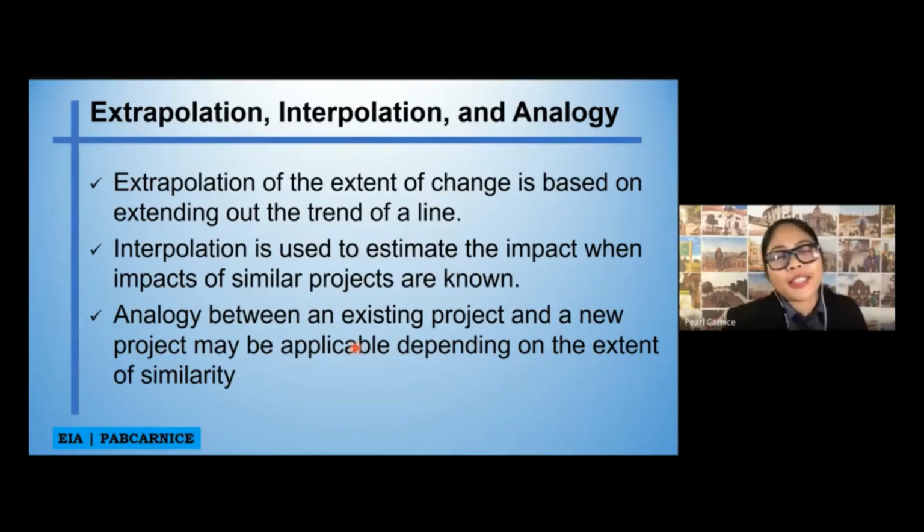When we say extrapolation, that's extending out a trend of a line, or I would say going beyond the trend line. When we say analogy, this is more of between an existing project and a new project that may be applicable depending on the extent of similarity.